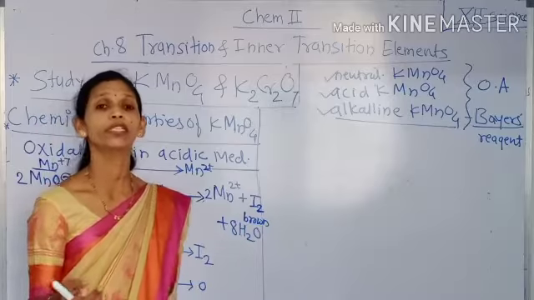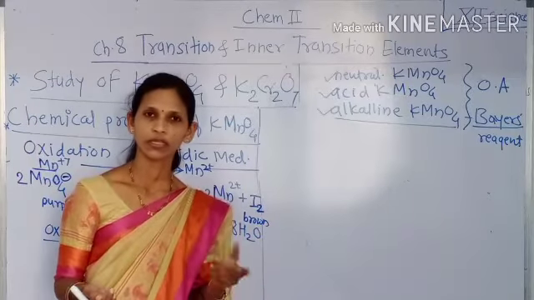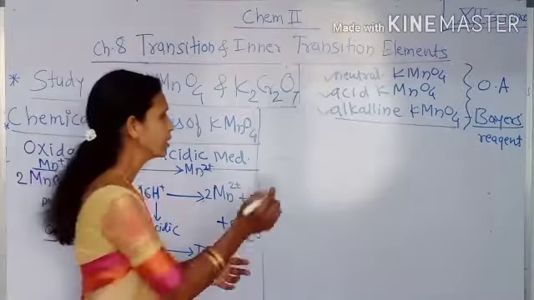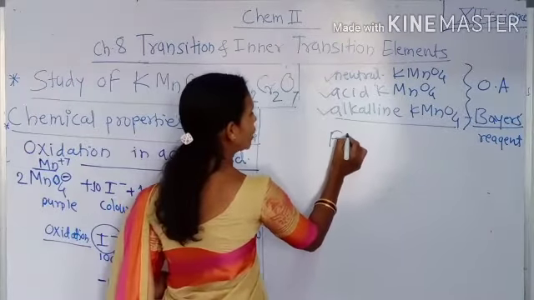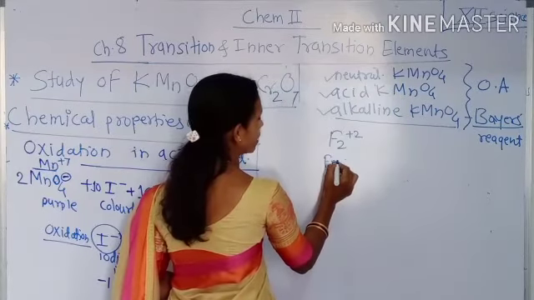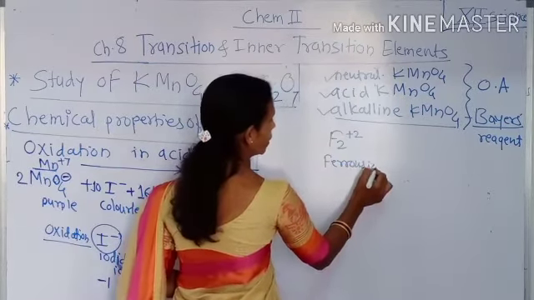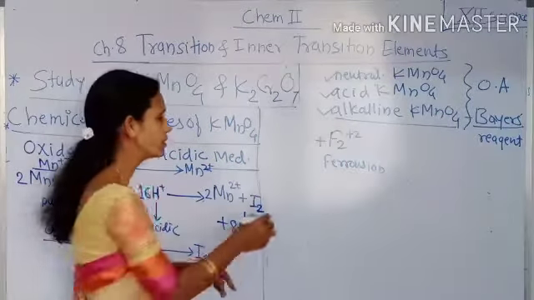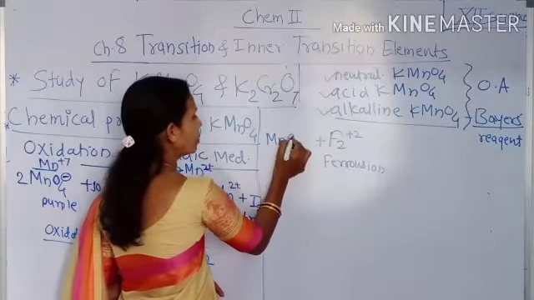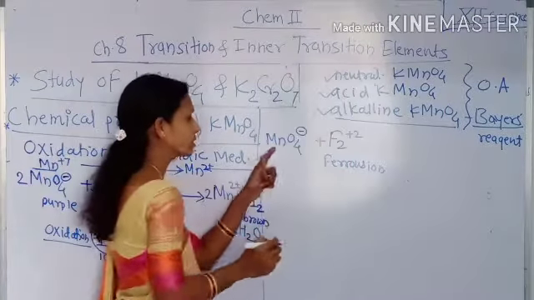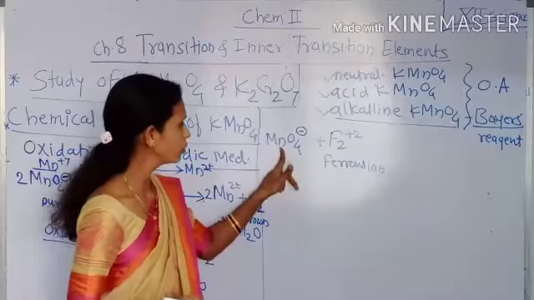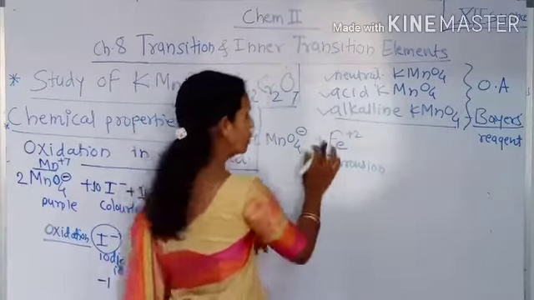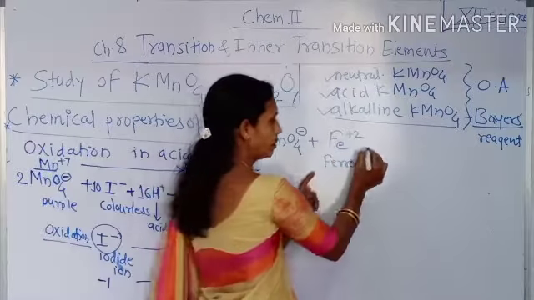The Fe2 plus ion, which is present in all ferrous compounds, ferrous chloride, ferrous sulfate, which is faint green in color, that means the Fe2 plus ion, which is the ferrous ion, is oxidized due to the MnO4 minus ion, that is the permanganate ion.